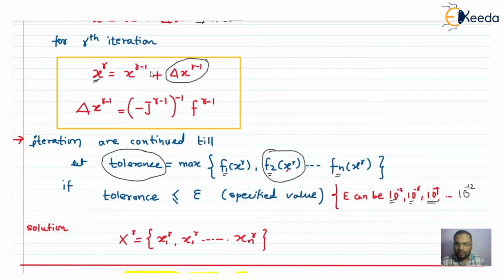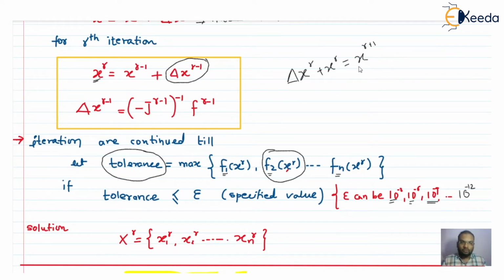Find the correction in the rth iteration and add it to the x which is with us in the rth iteration. This will give us the value of x in the (r+1)th iteration. It means that for the next iteration we get the variables now.